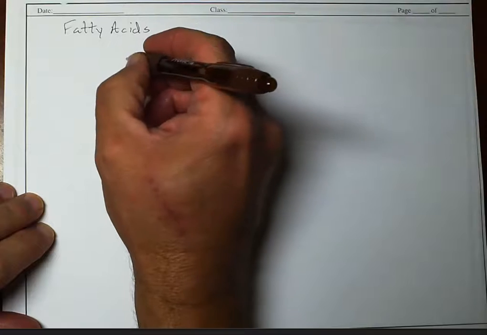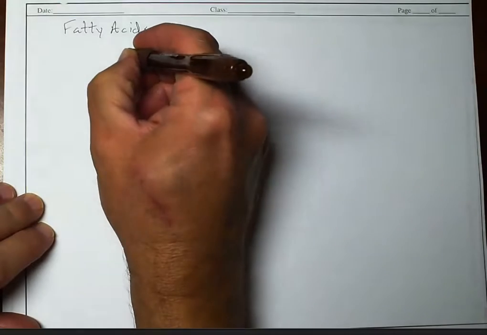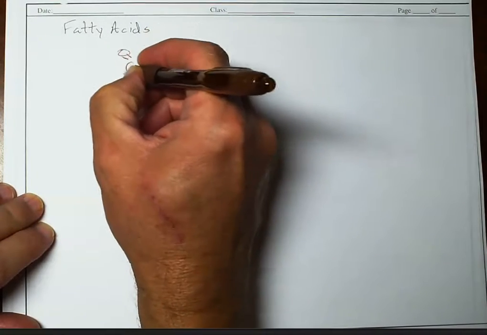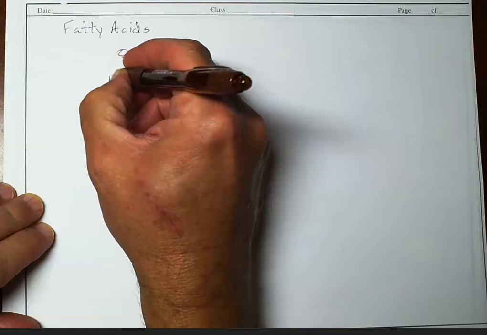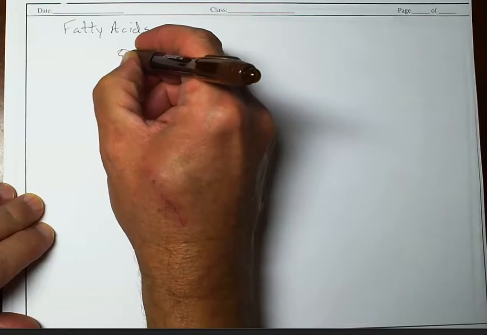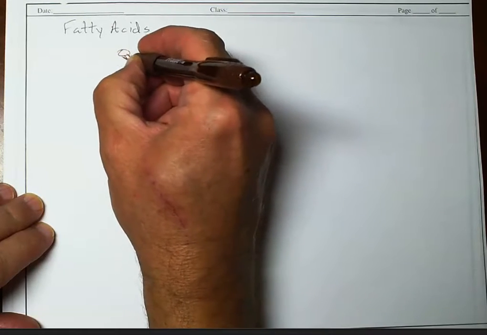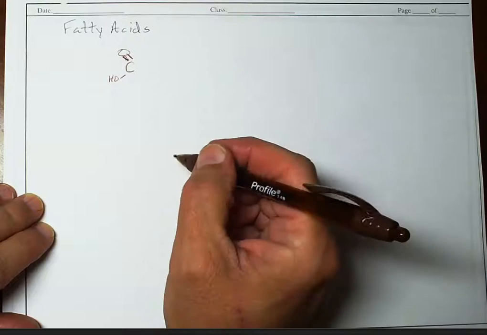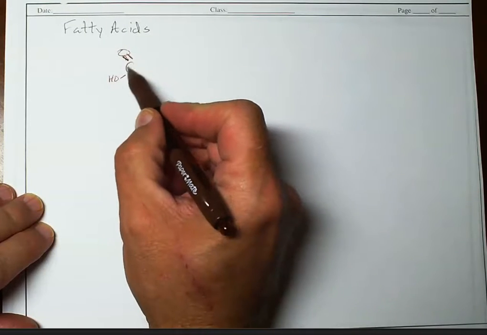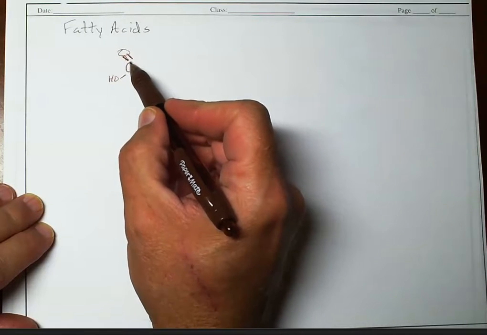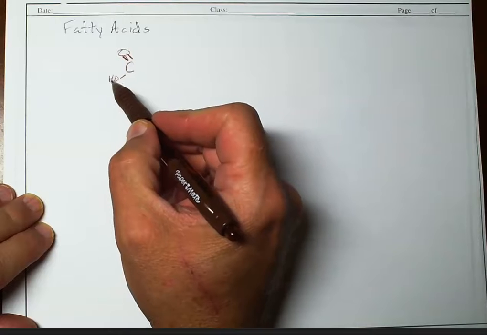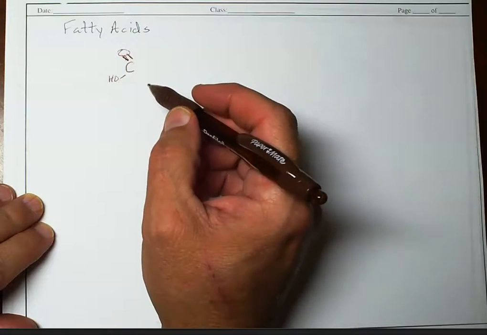All right, first of all, they are acids because they have a carboxyl group. Now, a carboxyl group has, it's very poorly drawn, I'm sorry, a carbon double bonded to an oxygen and then single bonded to a hydroxyl group.